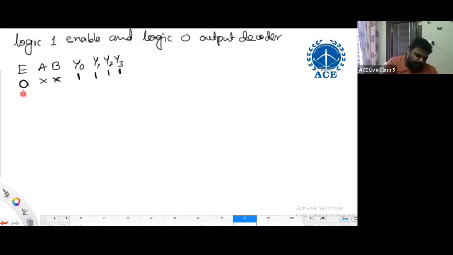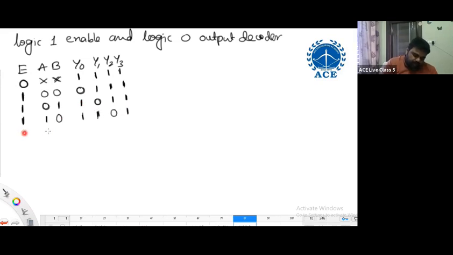When E becomes 1, then it is enabled. For AB equal to 0, 0, why is only Y0 zero and the remaining ones? When E equals 1 and AB is 0, 1, Y1 is 0, remaining are ones. When E equals 1 and AB is 1, 0, Y2 is 0, remaining are ones.